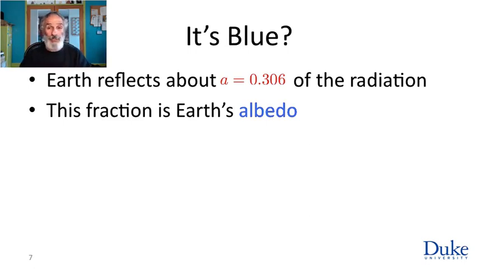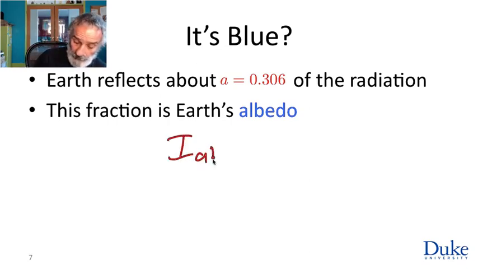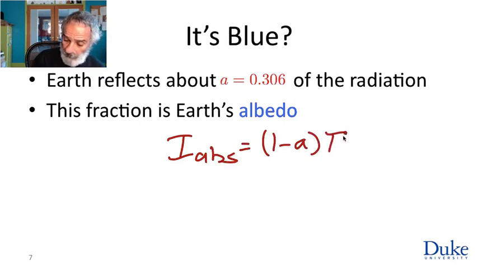Now, with Earth's albedo of about a third, the amount of sunlight absorbed by the Earth, heating it, is only about 2/3 of the incoming light. That means the amount of light Earth absorbs, which we will denote by I absorbed, is only a fraction 1 minus A of the incoming radiation.